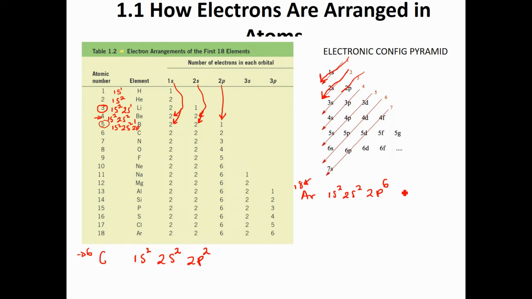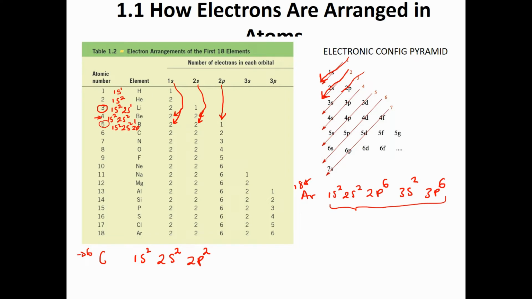After the 2p, we go to 3s, so 3s2. Now we have 12, and then 3p6. So cover the 2p before the 3s, cover the 3p before the 4s. This will be the electronic configuration of argon.